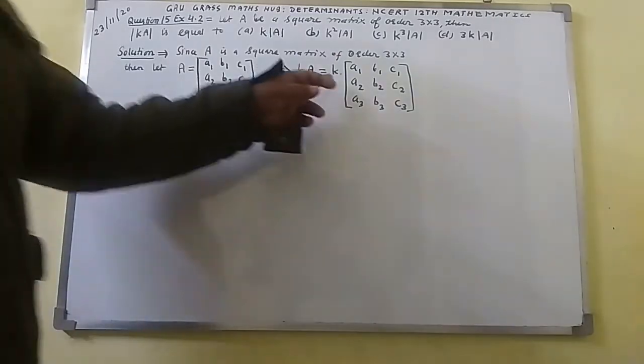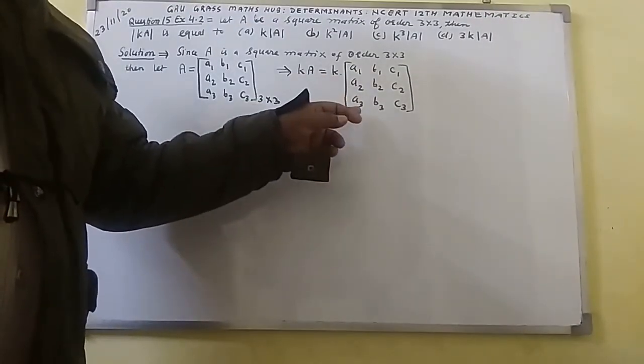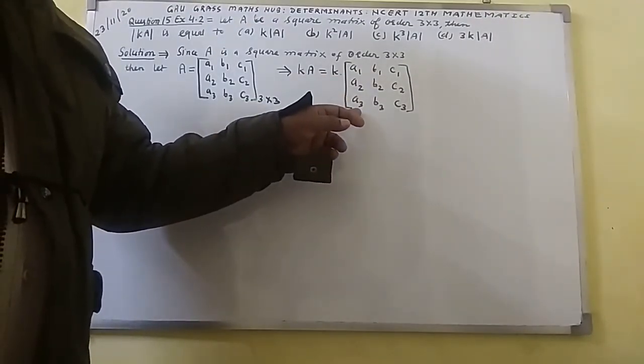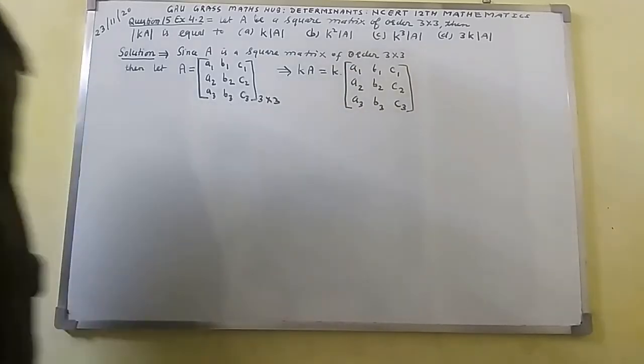Here you can see small k is going to multiply the square matrix A.